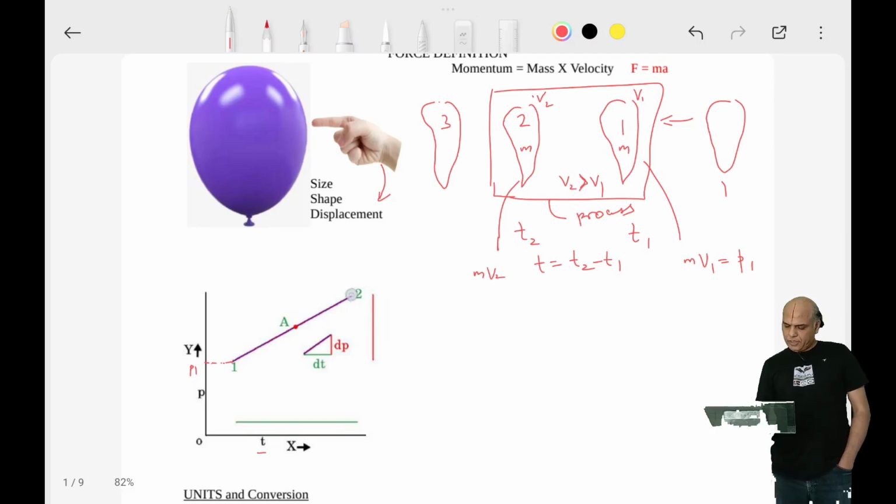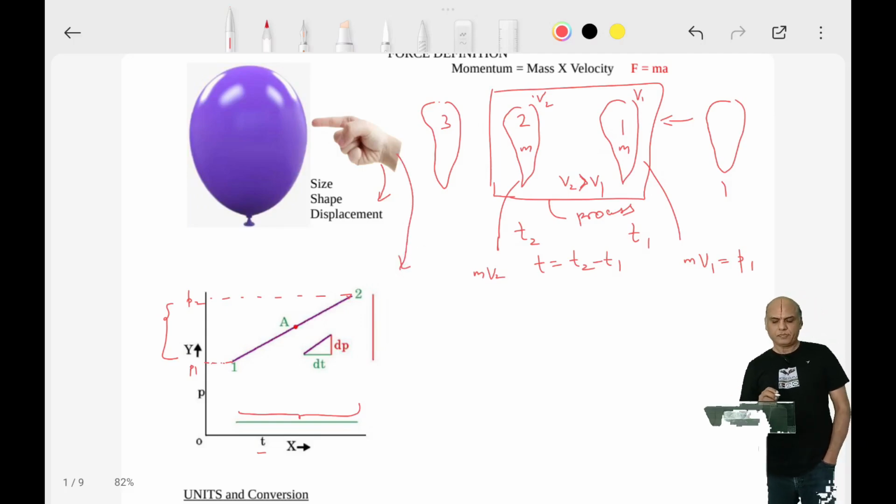So at this position the momentum is p2. So momentum has increased from p1 to p2. This is the change in momentum, and this is the time interval during which the momentum has changed. This momentum changed due to the application of external force.